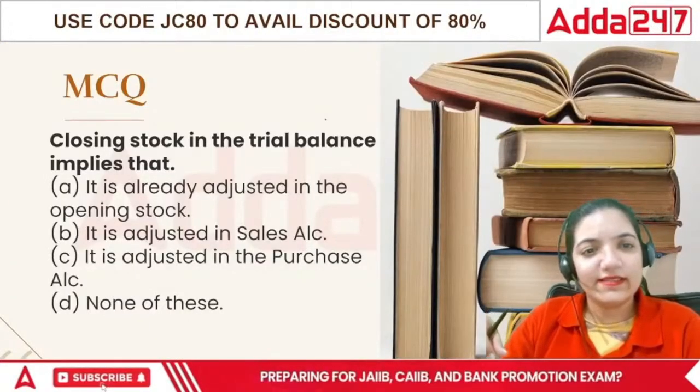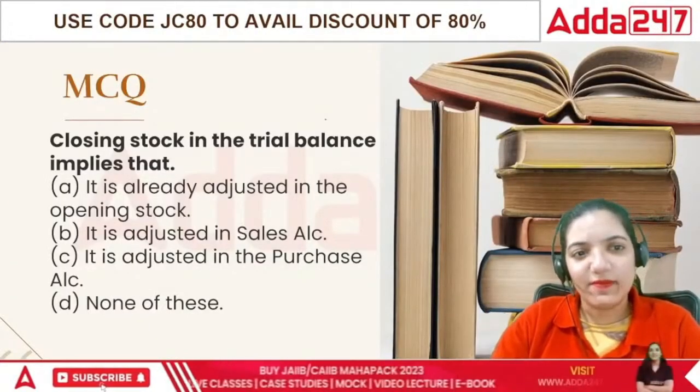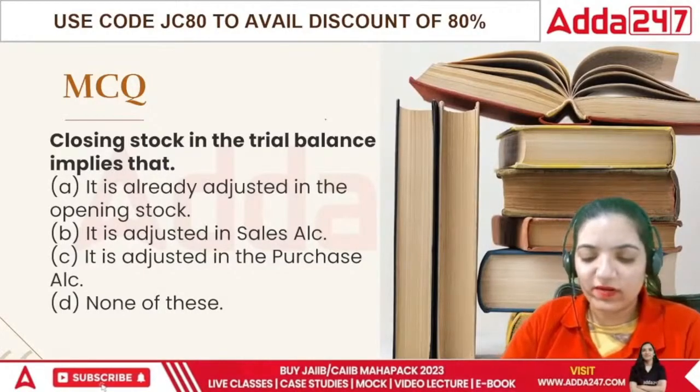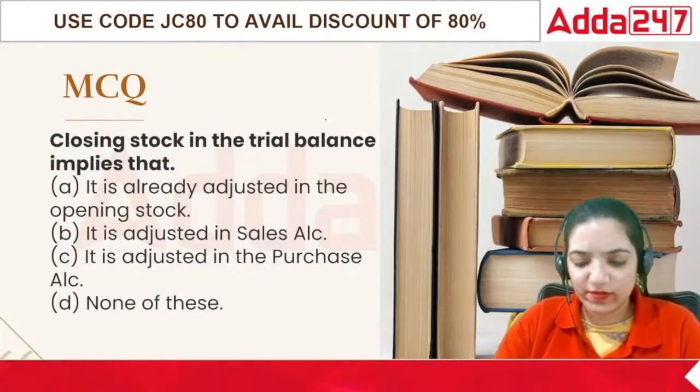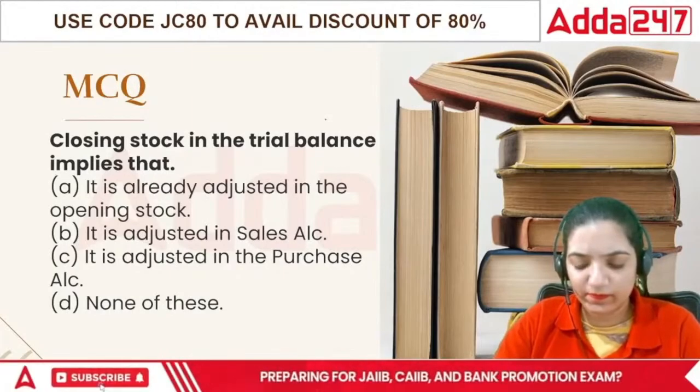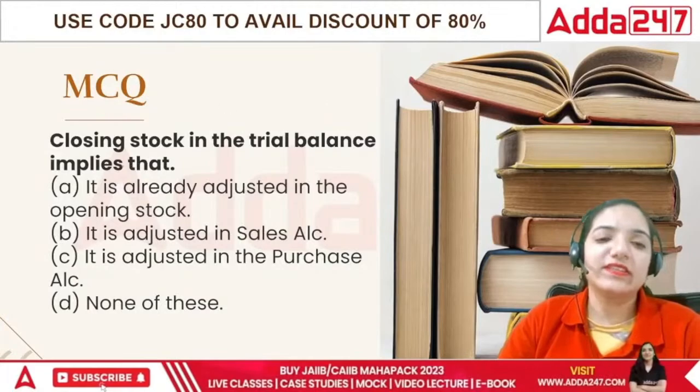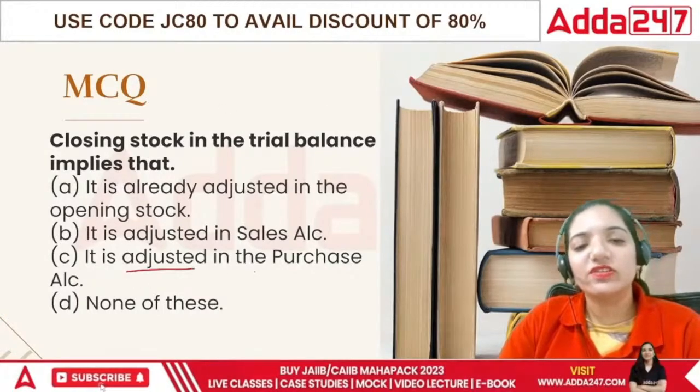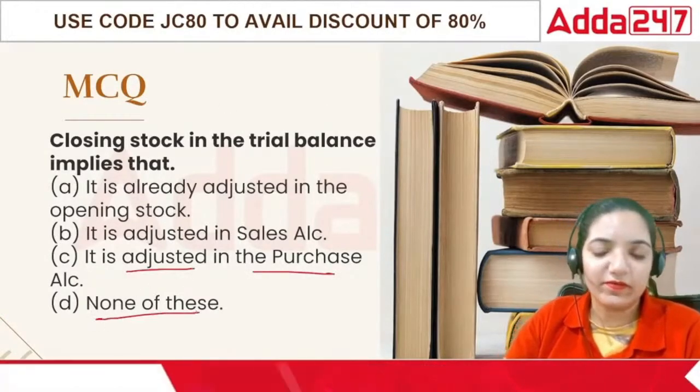Next question. It says closing stock in the trial balance implies that it is already adjusted in the opening stock, or it is adjusted in the sales account, or it is adjusted in the purchase account, or none of the above.